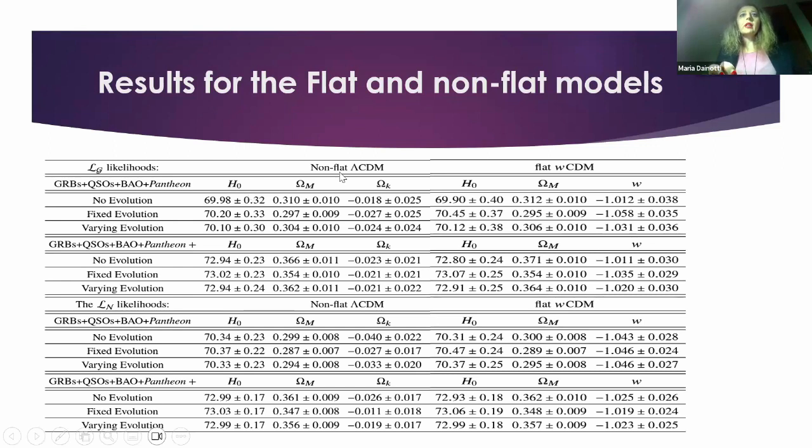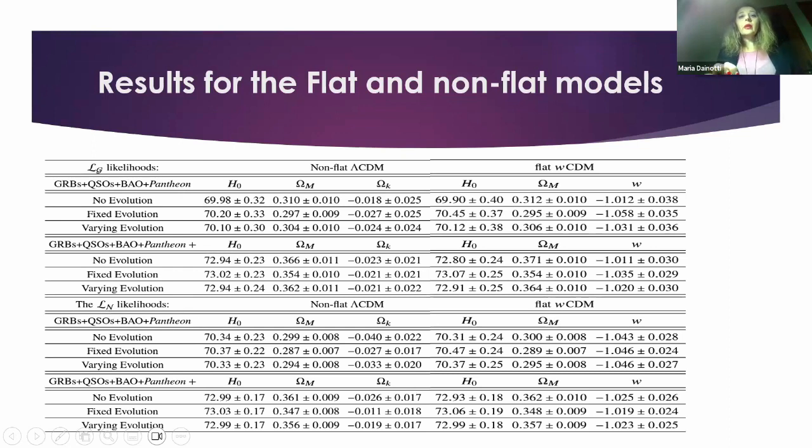And now we have tested a flat ΛCDM model with a curvature that is different from 0, and also the flat wCDM model. What we can see here, actually, is that we have compared the Pantheon plus with the Gaussian likelihood and the Pantheon plus with the new likelihood, indicated with the LN.